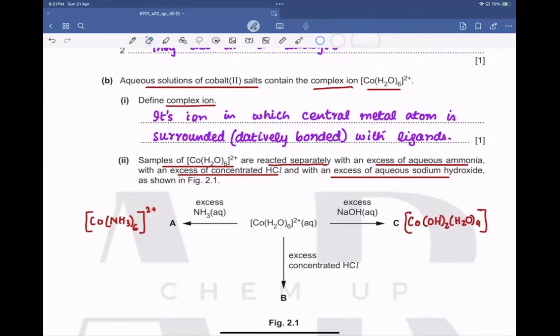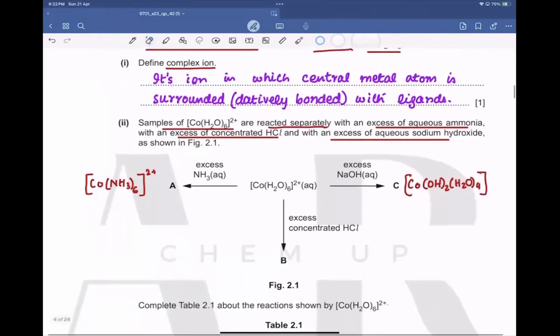But as ammonia is neutral, the whole complex carries 2 positive charge.